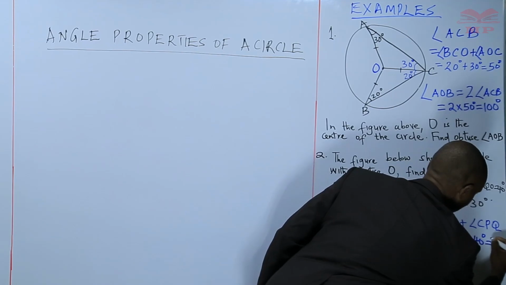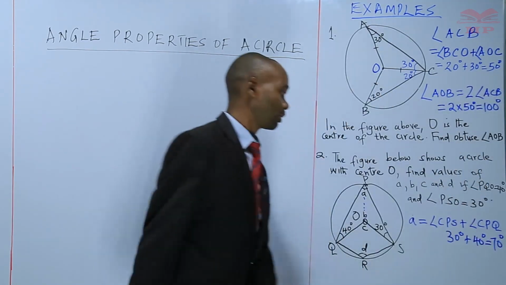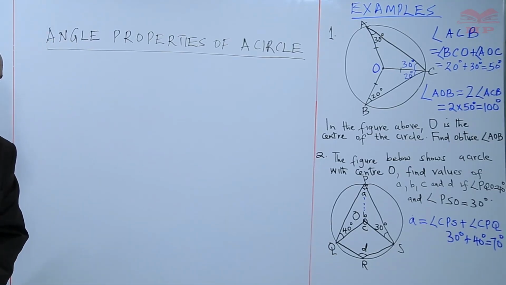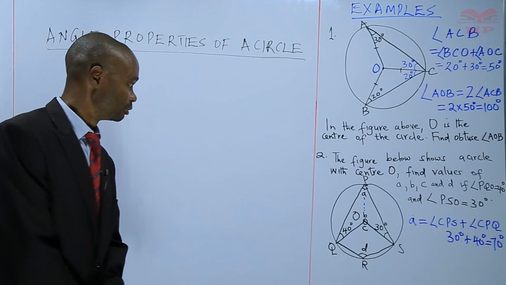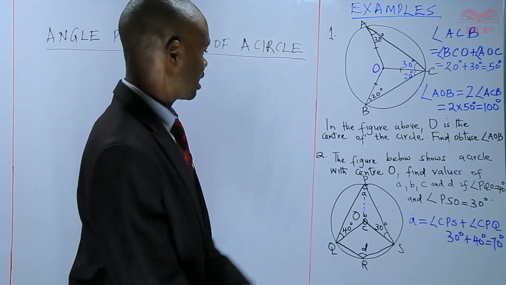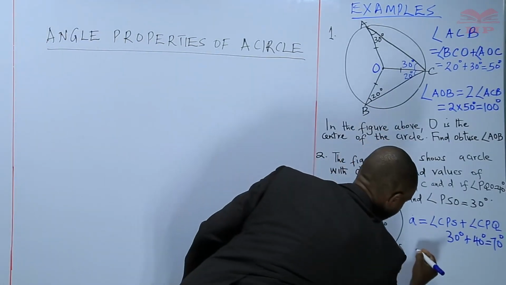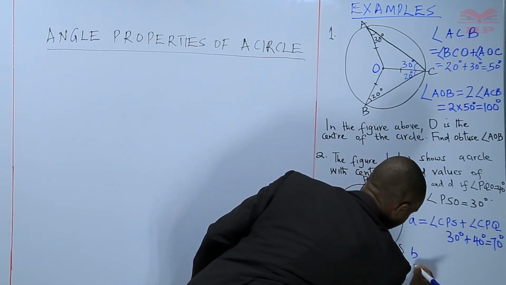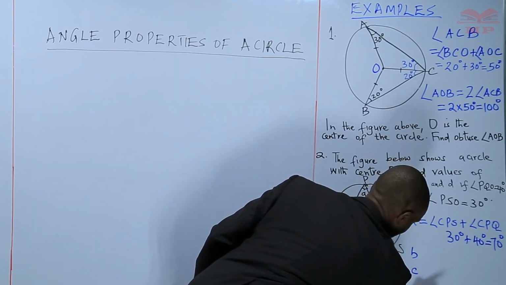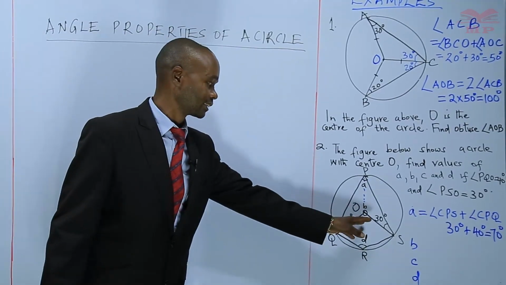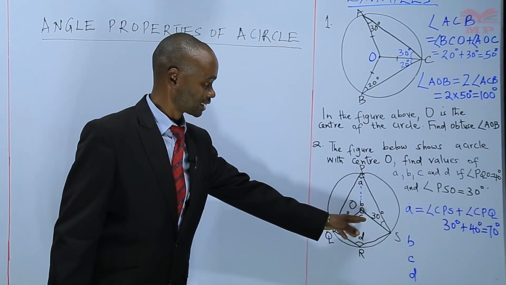That will give you the value of which angle? Of angle A, which is 70 degrees. Now, we have B and C. We have the value of angle B, C, and D. So to move quickly, we shall first of all get C, isn't it?